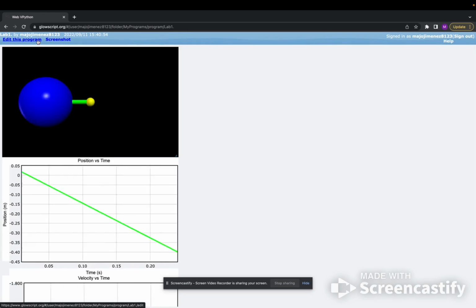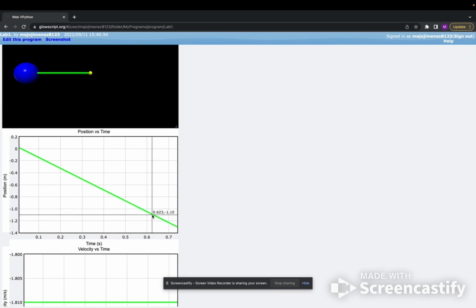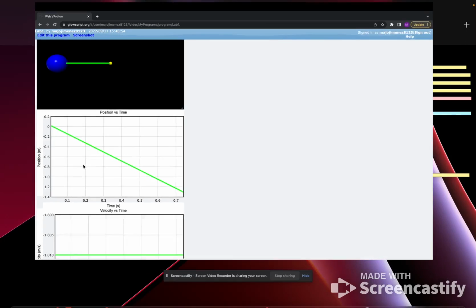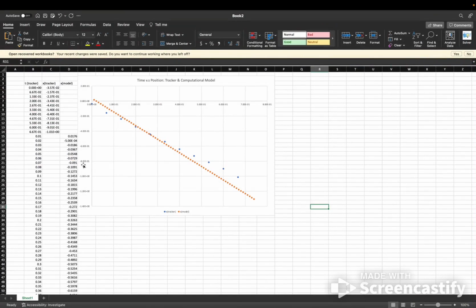When I run this program, we can see the distance that the ball traveled into the negative x-axis. And here we can see the time and position graph. This allowed me to construct a computational model to form a prediction versus time graph.